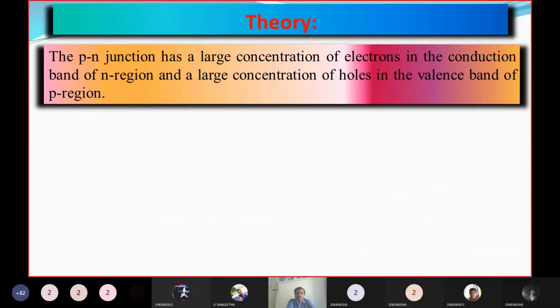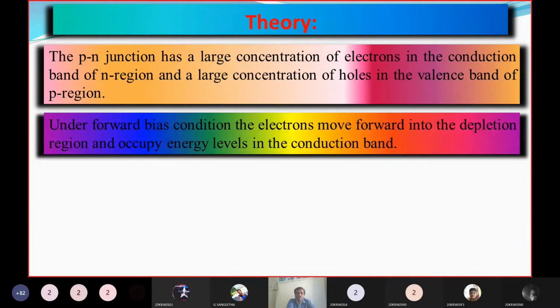Under forward bias condition, the electrons move forward into the depletion region and occupy energy levels in the conduction band. So this PN junction is connected in forward bias, and the charge carriers come together.